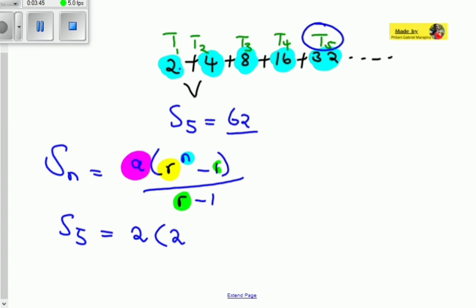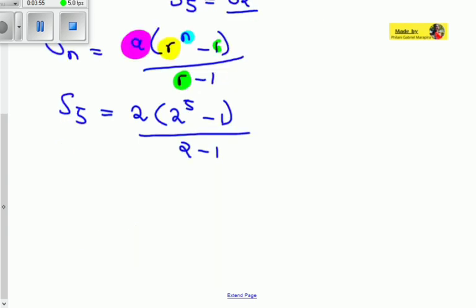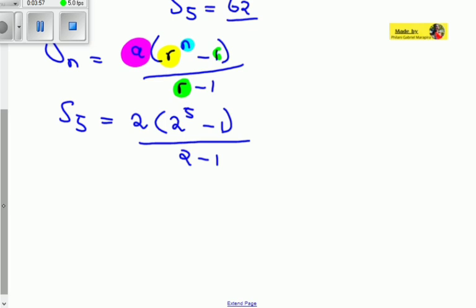You can see we've got 1, 2, 3, 4, 5. So we have 5, minus 1, over the ratio 2 minus 1. If you press this in your calculator, you are going to get exactly 62, the sum of those terms in this geometric series.